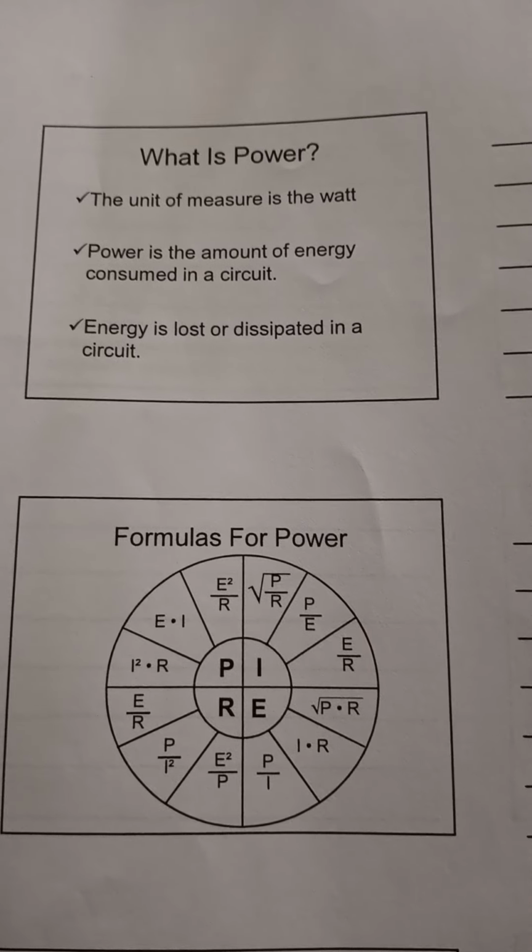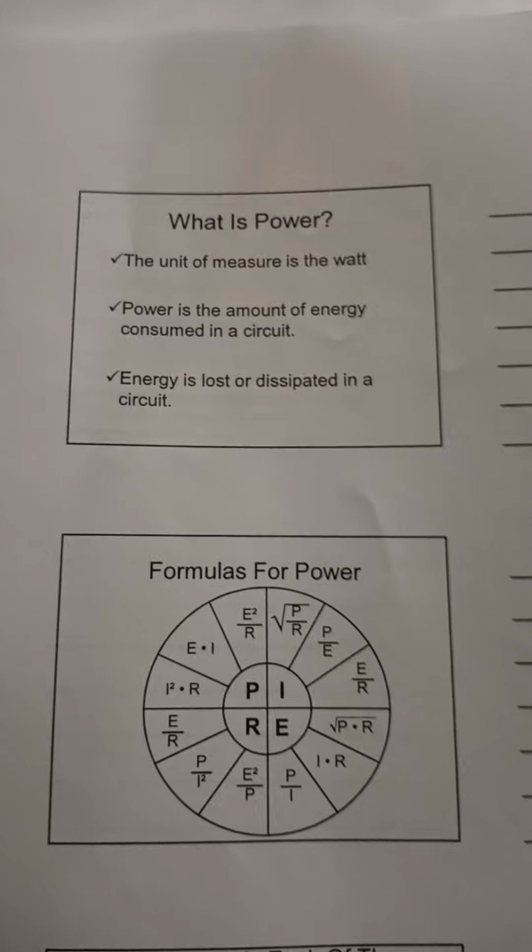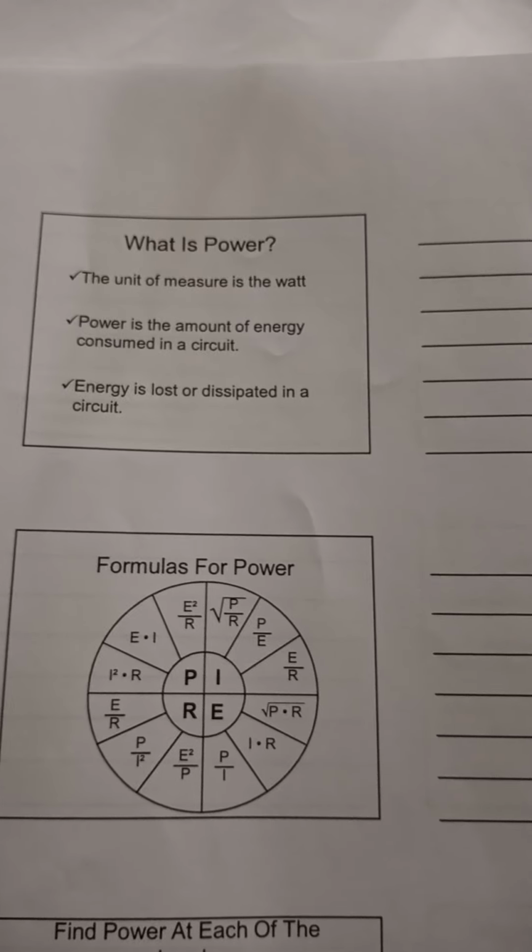And as we were talking about earlier, I squared times R is P, right? But E squared divided by R is also P. So just keep that in mind. Those are some of the equations you gotta memorize too. But you can also solve for those if you do forget them.